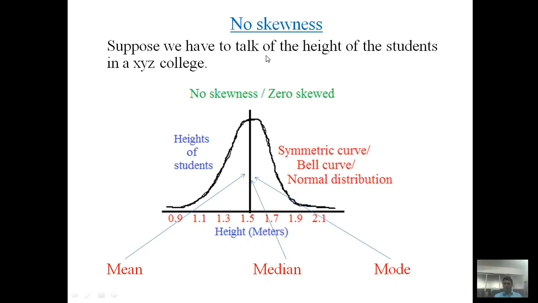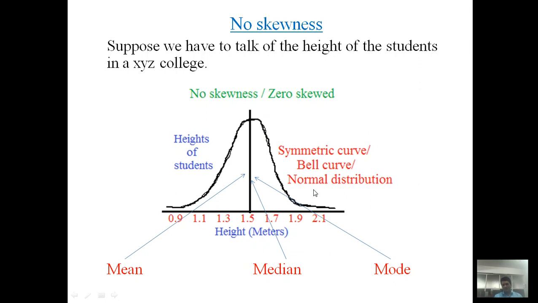Suppose we talk about the height of the students in a particular college, say XYZ college, whose strength is 1000 students. Right now we have data of 1000 students, and we have to study the nature of that data. Now see this graph.